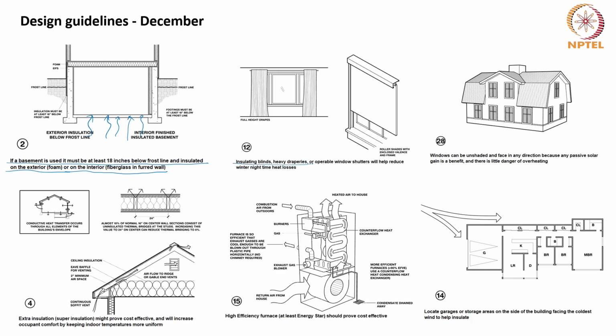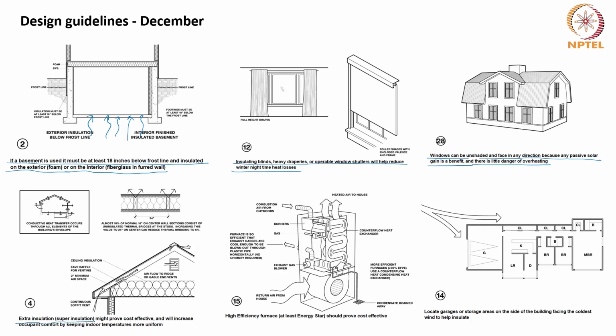Insulating blinds, heavy draperies or operable window shutters will help to reduce winter nighttime heat losses. Windows can be unshaded and face in any direction, because any passive solar gain is a benefit and there is little danger of overheating. So you can allow as much heat to come in as possible, because there is no risk of overheating during this period.